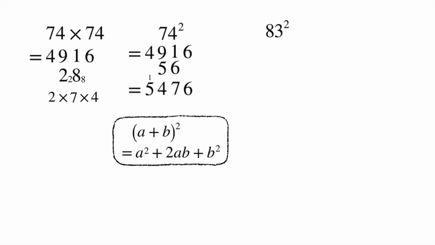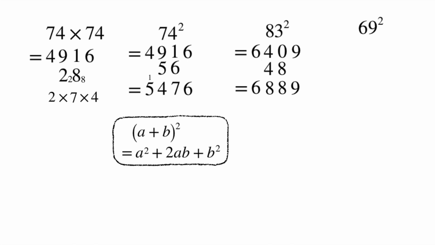Once again, 8 squared, 2 times 8 times 3, 8 times 6, and 3 squared, then the sum. Once again, 6 squared, 2 times 6 times 9, 54 times 2.